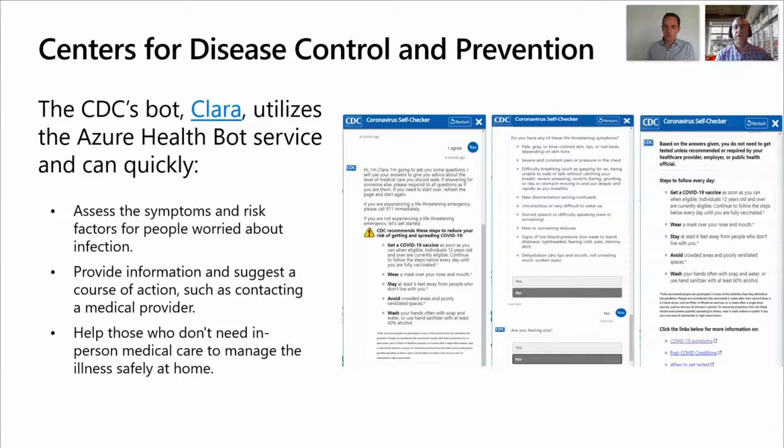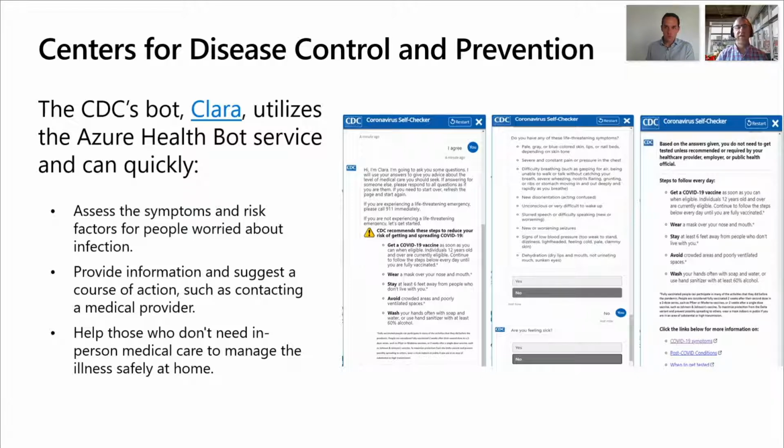The U.S. Centers for Disease Control and Prevention created their Clara bot on the Azure HealthBot service. Clara conducts a more comprehensive triage for COVID-19 symptoms and risk factors, and provides information for people worried about possible infection, including suggested course of action, self-quarantining, whether or not the individual should seek medical care immediately, and links to the local health departments.